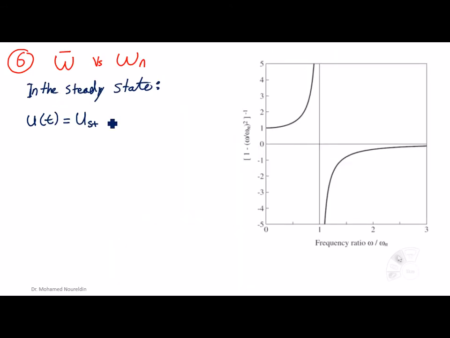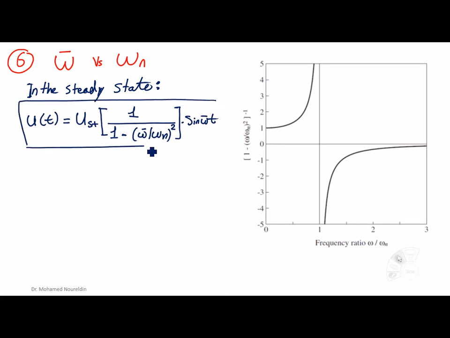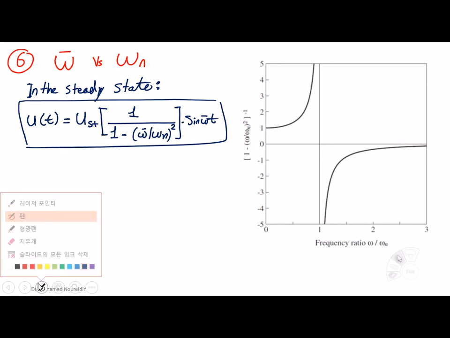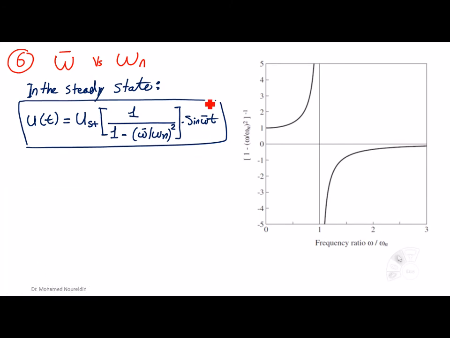So U static times 1 over 1 minus omega bar over omega n, raised to the power 2, times sine omega bar t, right? This is our equation. We are going to refer to it many times, so we can say this is equation number 2.